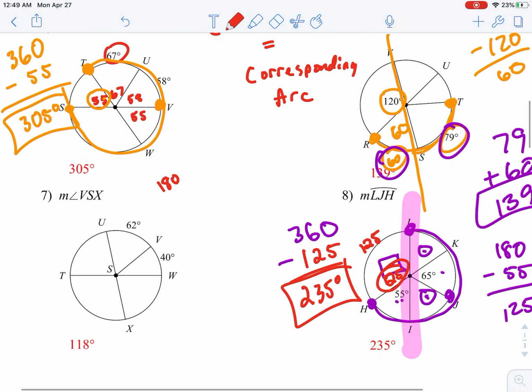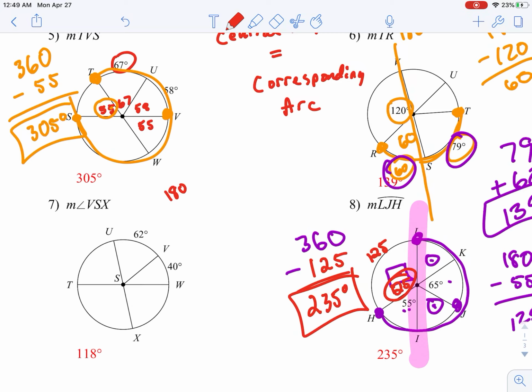Okay. All right, last one of these. All right, VSX. Okay, so I need this 40, and I need that guy. Okay. All right, now how am I going to find that? That's 180.